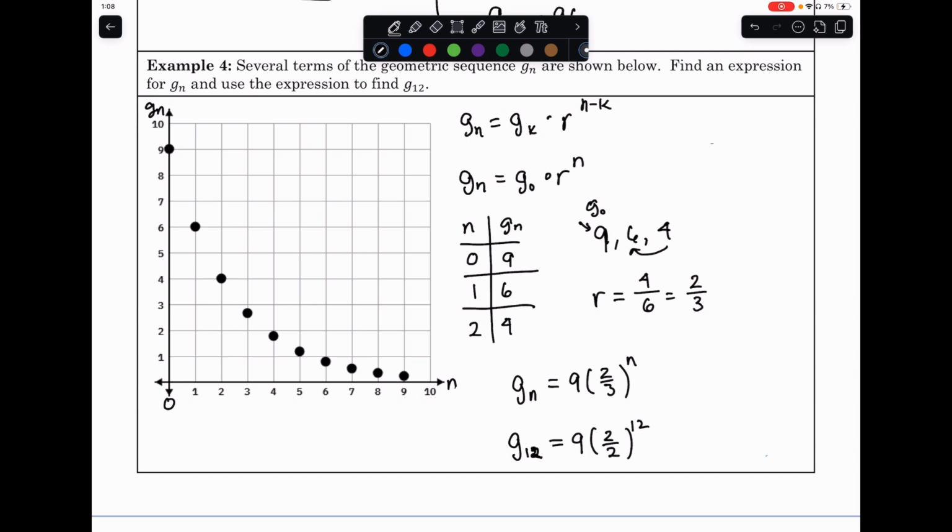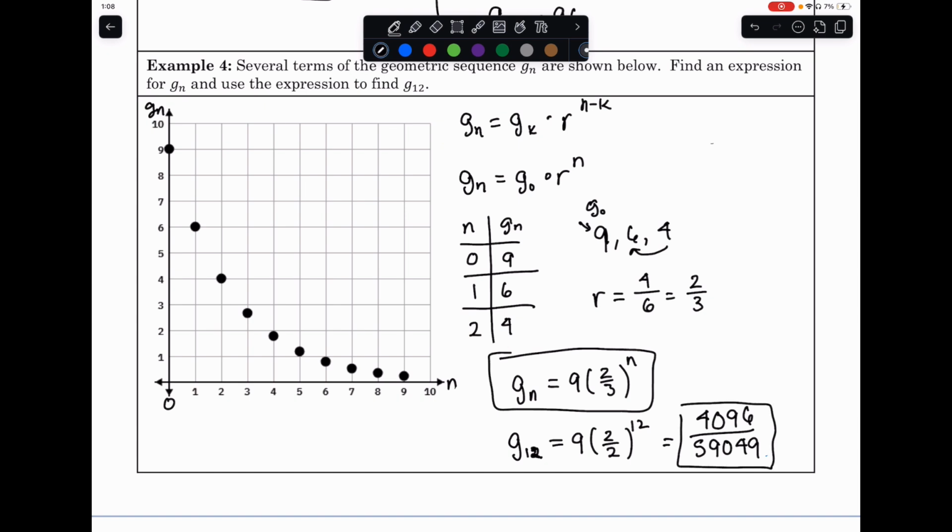And that is equal to the following fraction: 4096 over 59049. And there is your value and answer for example number 4. Here's your function, your rule, and here is the value of G of 12, the 13th number in the sequence.